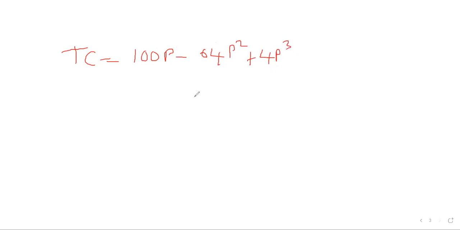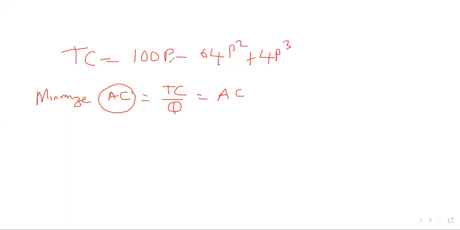That's all. So the question is, minimize what? Average cost. So what mistake would everyone do? They'll quickly go to differentiate this and equate to 0, but that is minimizing the total cost. First, step one, find the function. How do we find average cost? Total cost divided by quantity.